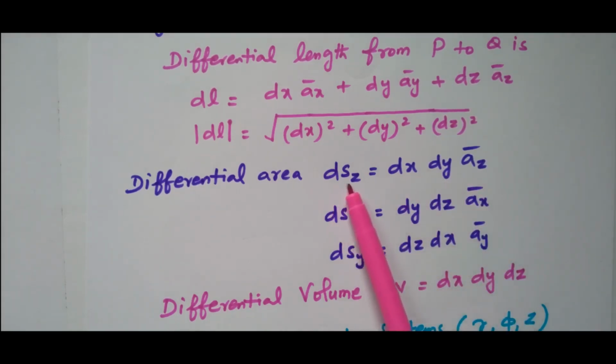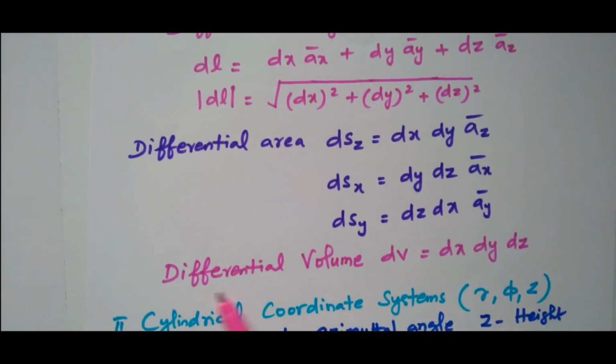So dsz is dx dy into az, unit vector. dsx is dy dz into ax. dsy is dz dx into ay, right? We are multiplying two parameters, x and y, y and z, z and x.